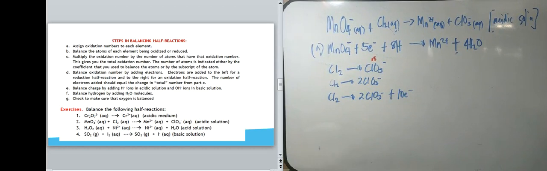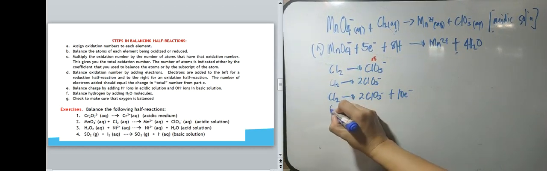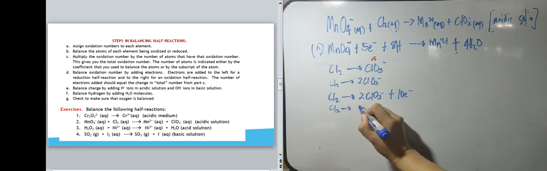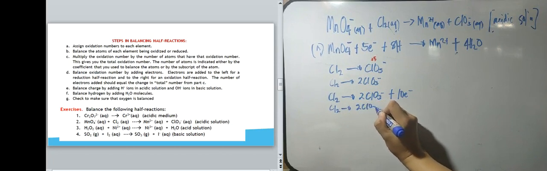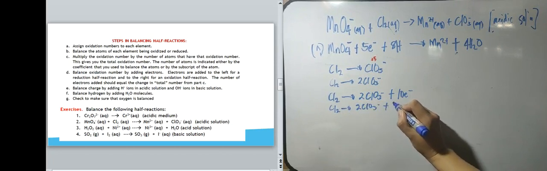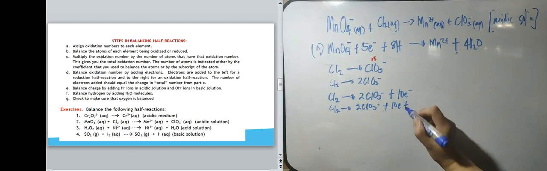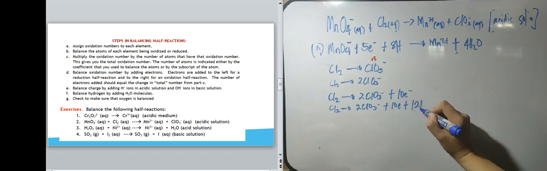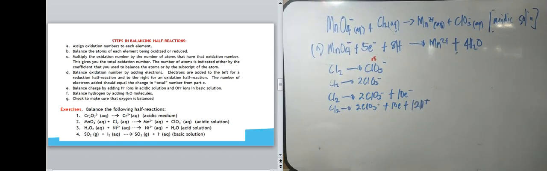So we have here Cl2 to ClO3 negative plus 10 electrons plus 12 H positive. After that we may now balance the hydrogen by adding water. So ilan yung tubig dito? Ilan yung O? 3 or 6, no?